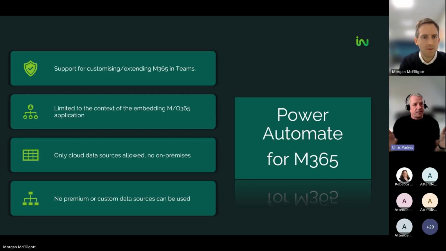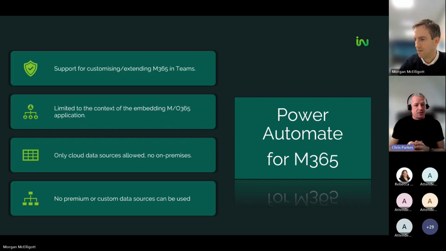Once it goes outside of that, or once your flow needs to interact with something else or go anywhere near a premium connector, you say that only cloud data sources are allowed, no on-premises. So if you want to connect to a SQL database that is on-premises, then absolutely you're not going to be able to do that in Power Automate for Microsoft 365.